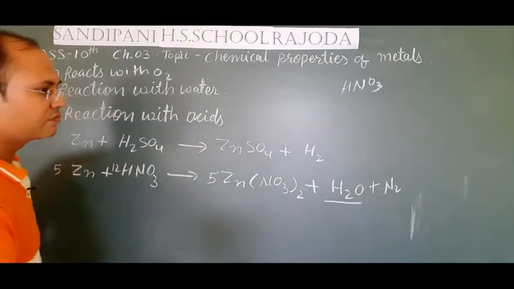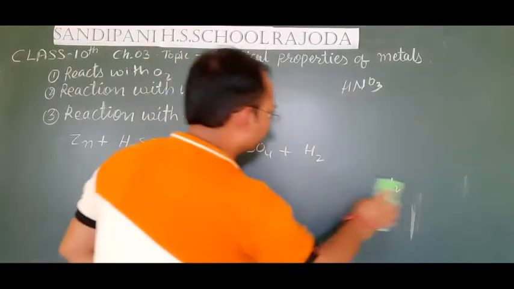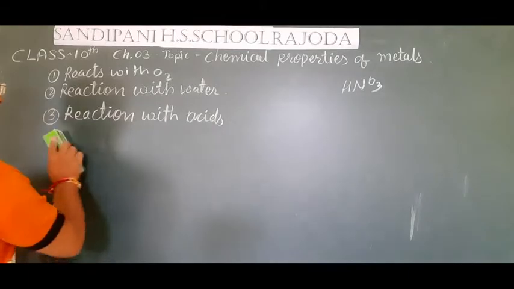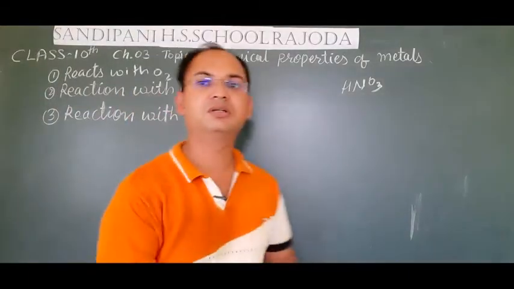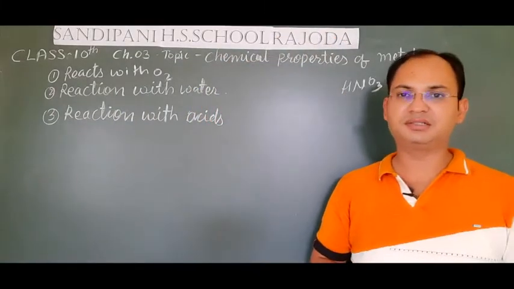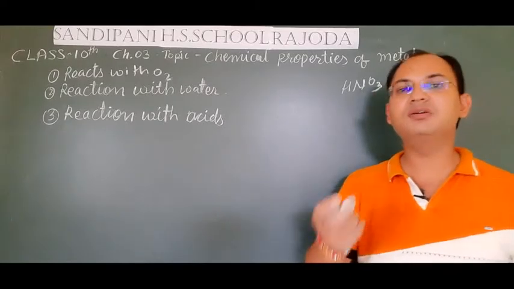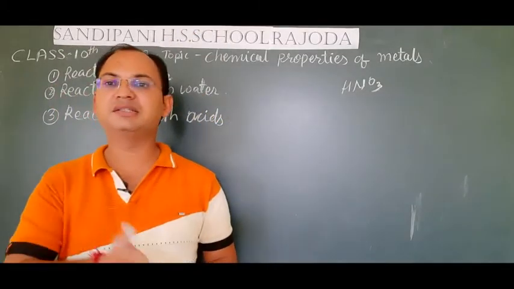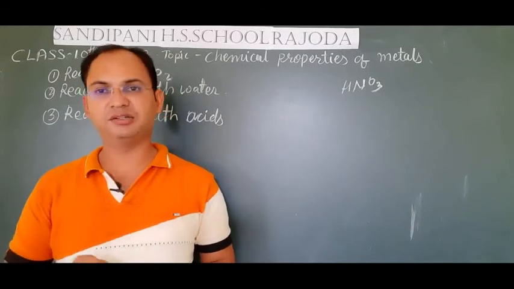Okay, students, let's see another important topic. Acids easily react with the metals, but some metals like gold and platinum are negligibly reactive, or the least reactive metals. Gold and platinum do not normally react with acids and bases to form compounds because these are the least reactive metals.